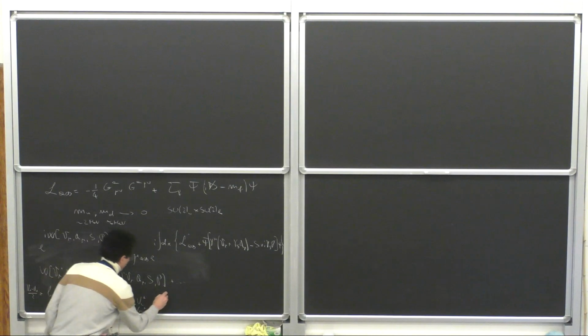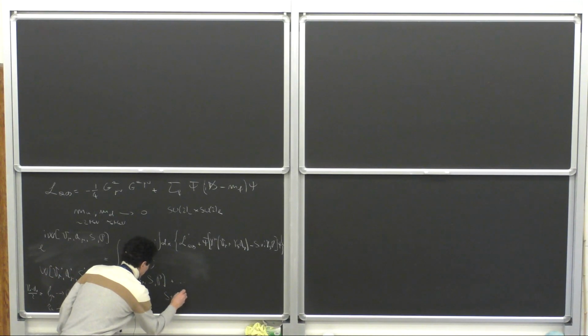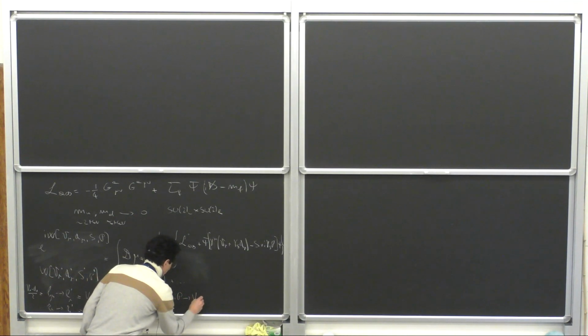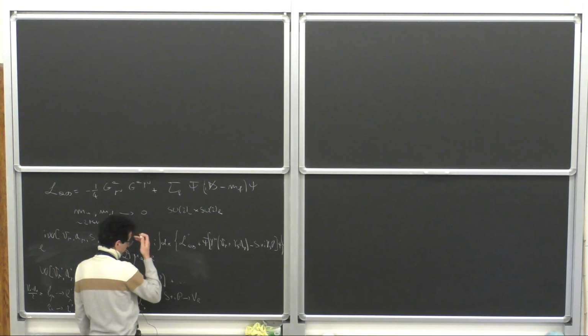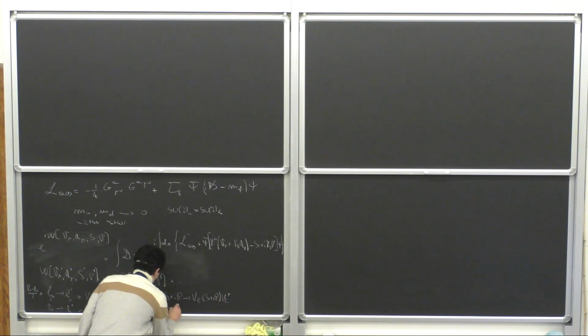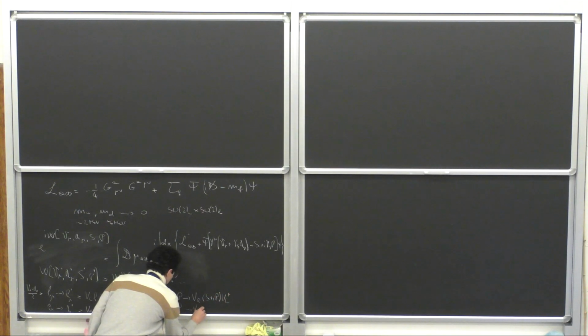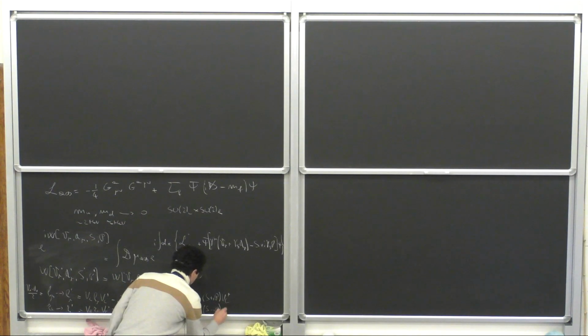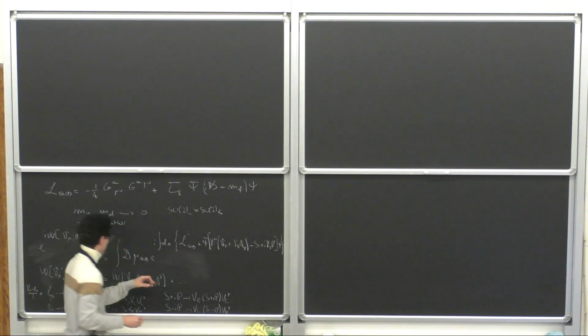And also we subject the scalar and pseudoscalar sources to this transformation, V_R (s plus ip) V_L dagger, V_L (s minus ip) V_R dagger, then this functional is invariant.